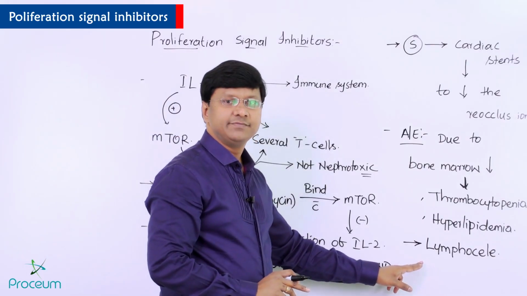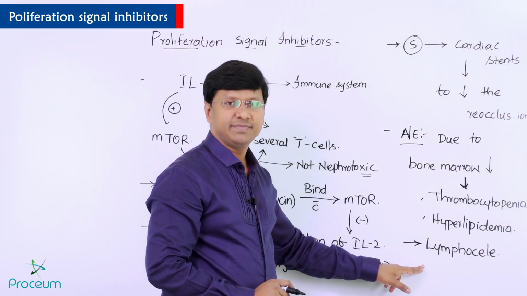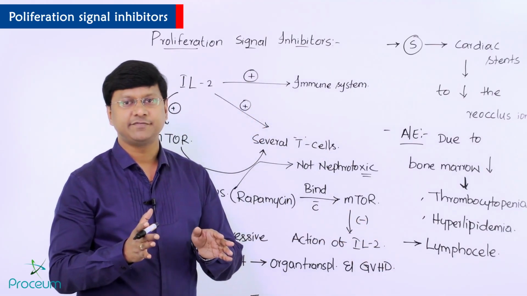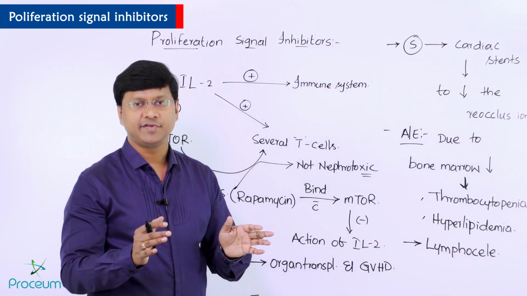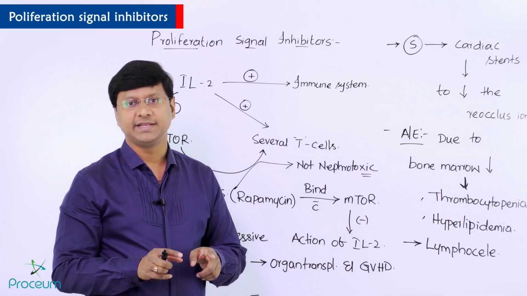What does lymphocele mean? Lymphocele is the collection of lymphatic fluid within a body cavity without epithelial lining.